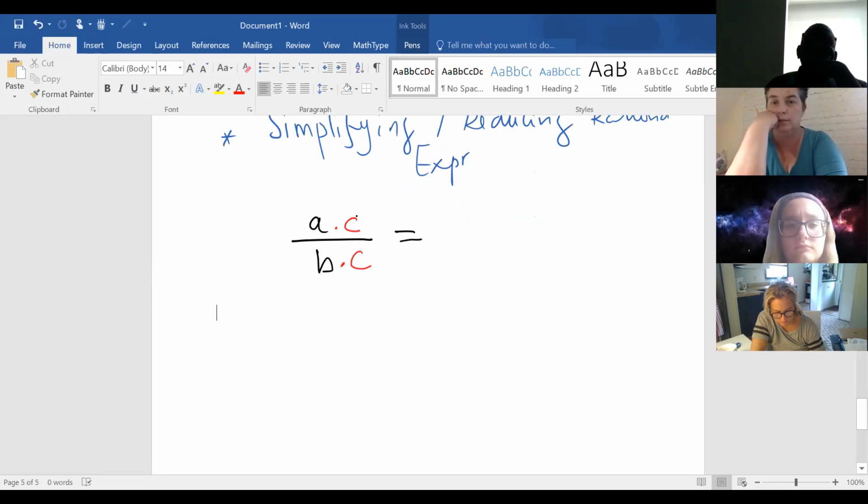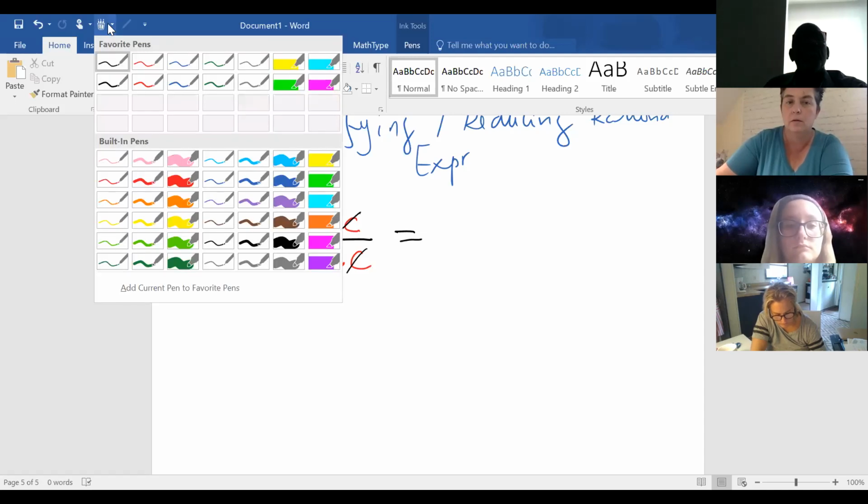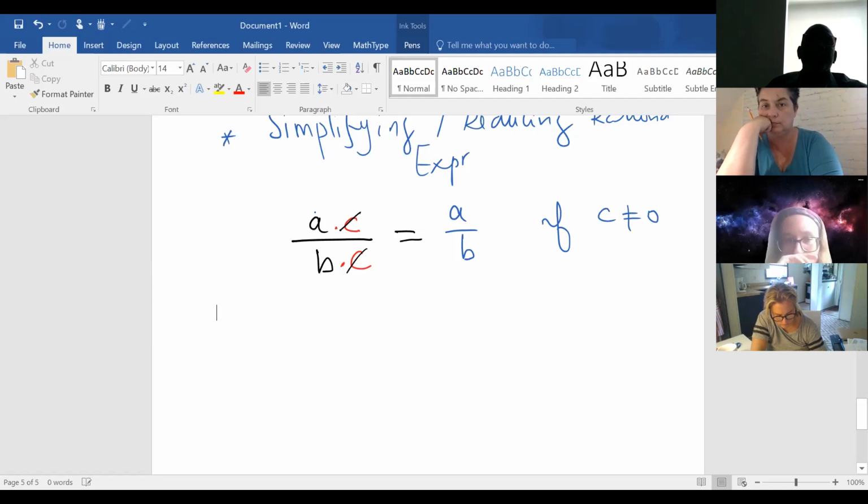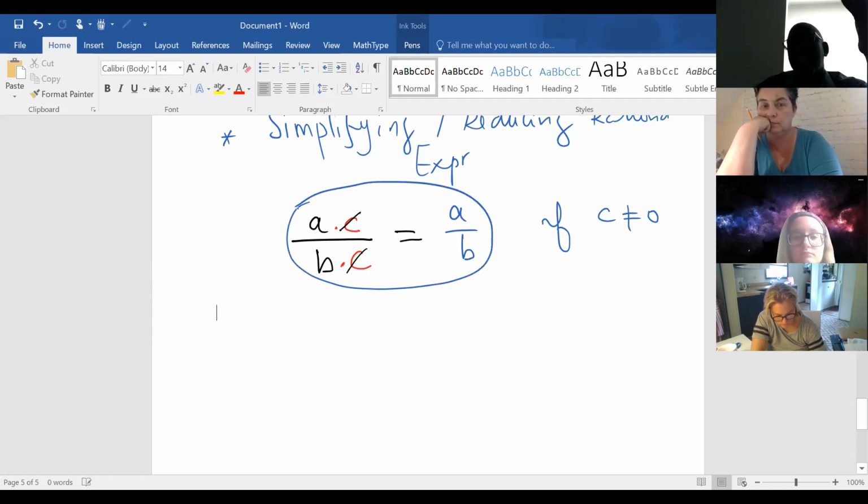Cross them out. Cross the C's, right? You can simplify. This is what you call simplifying. You cross the numbers, so you get A over B. Of course, here we cannot simplify by 0 if C is not 0. That is how we reduce fractions.